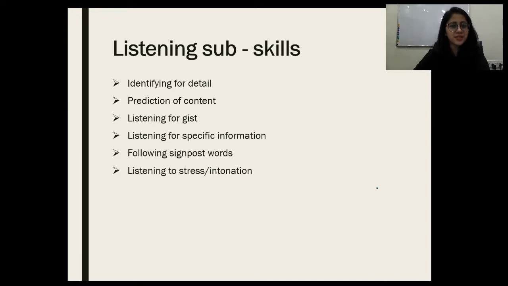And listening for stress and intonation. Especially in sections 3 and 4, this is a major skill that you need, and do not undermine it. Infer the underlying meaning. That means understand what else the speaker is trying to tell you through the different tones that they use while they are speaking.